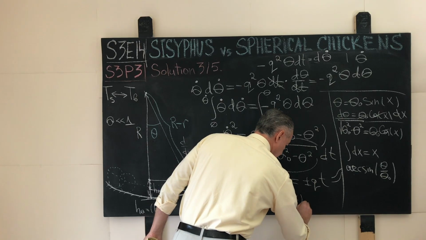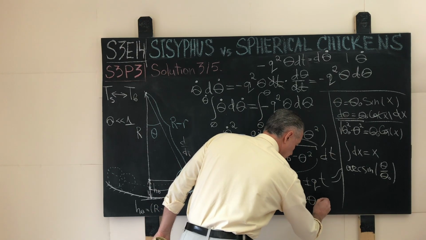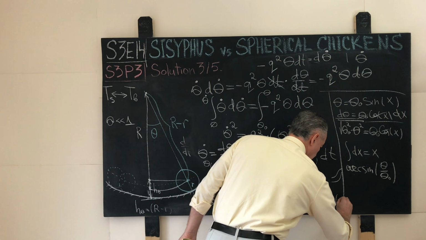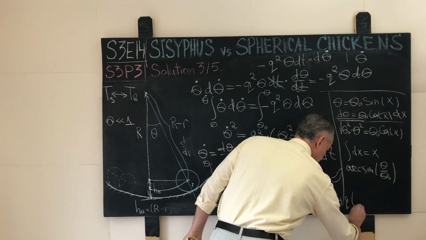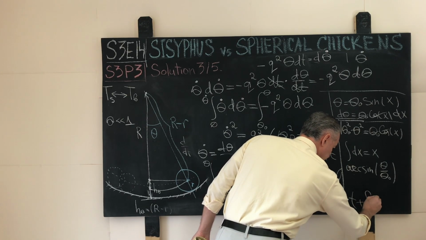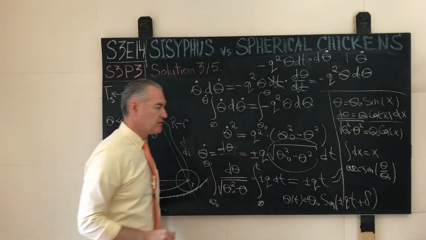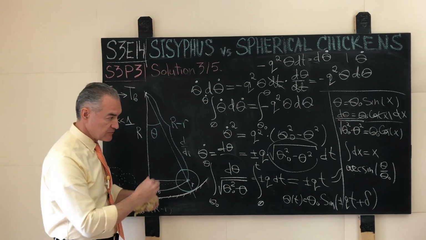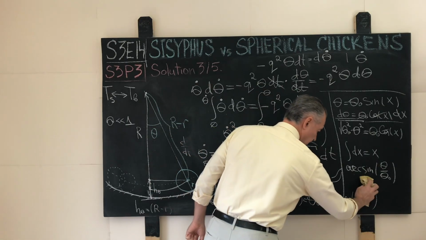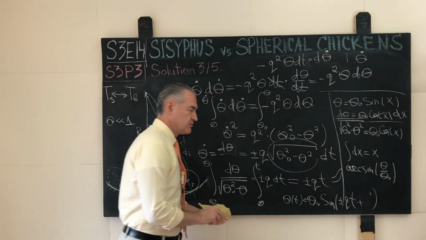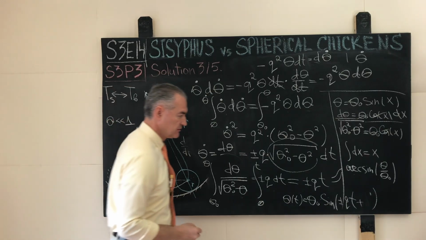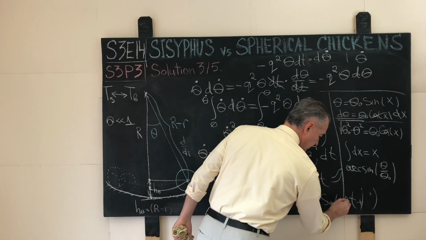Theta of t is equal to theta 0 times sine of plus minus qt. Usually people put some delta over here, which again can be determined more specifically from the initial conditions, but in our case, let's say this is what we have, sine of qt.